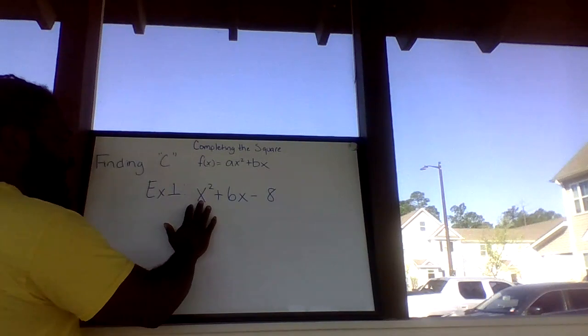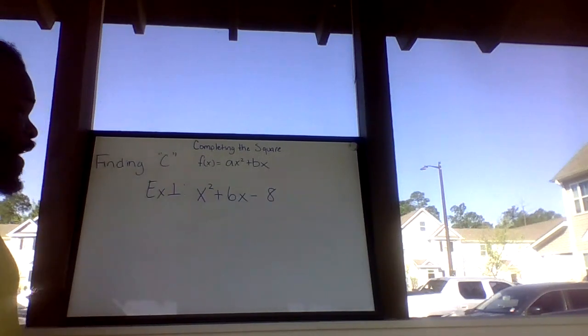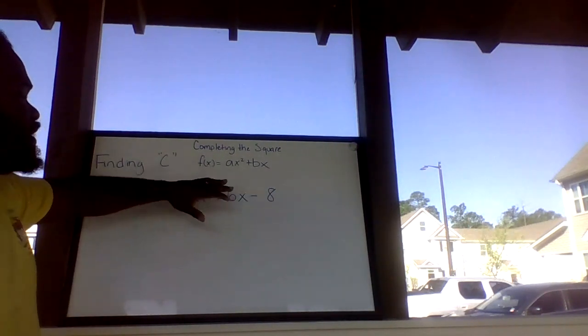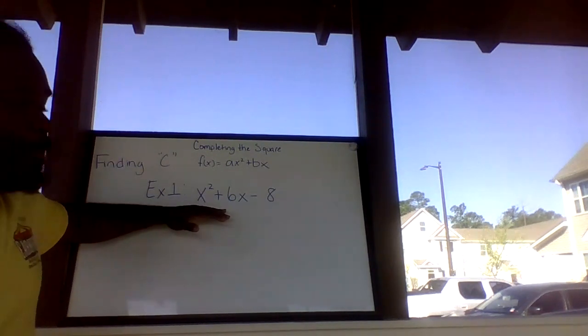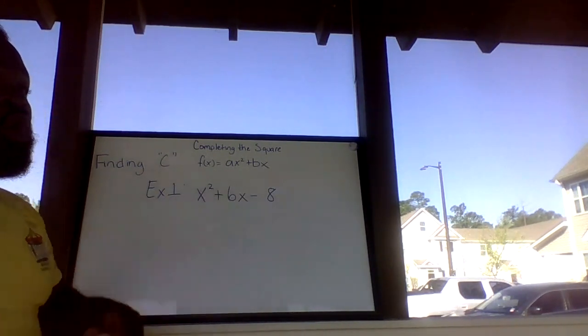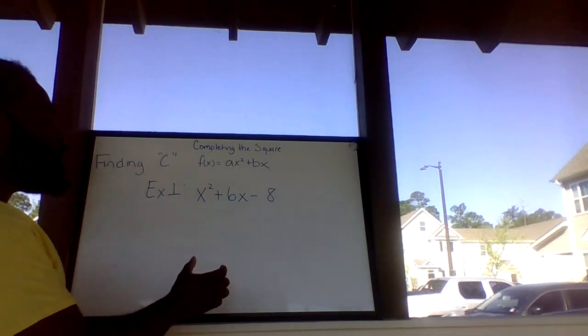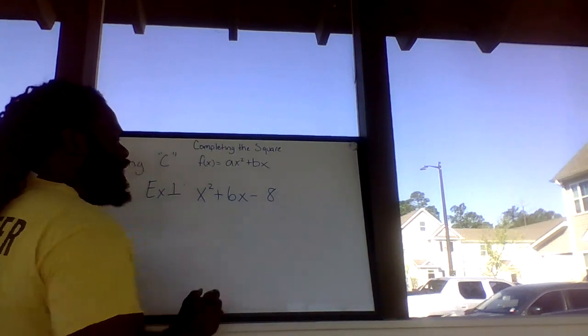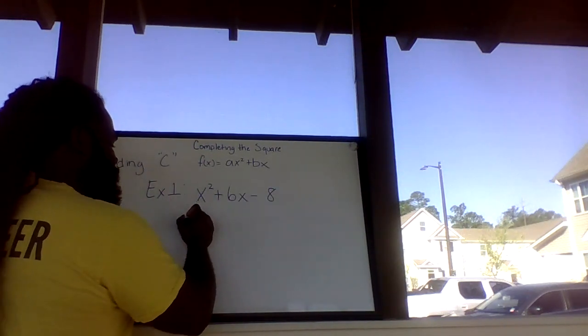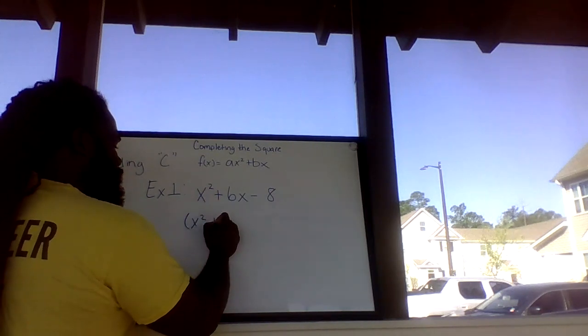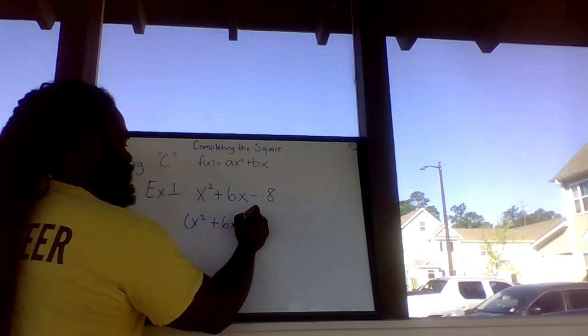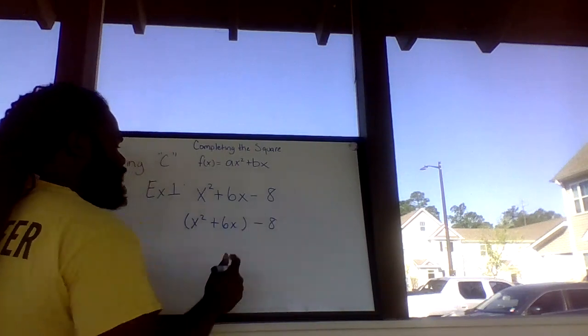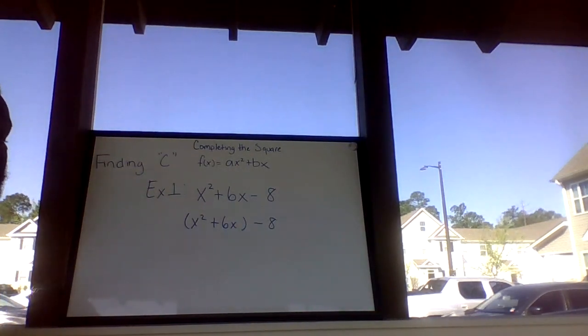We actually have an a, a b, and a c here. But what we want to do, we just want to use our ax squared and our bx in order to complete the square. So we're going to just separate this c value away from my ax squared and my bx.